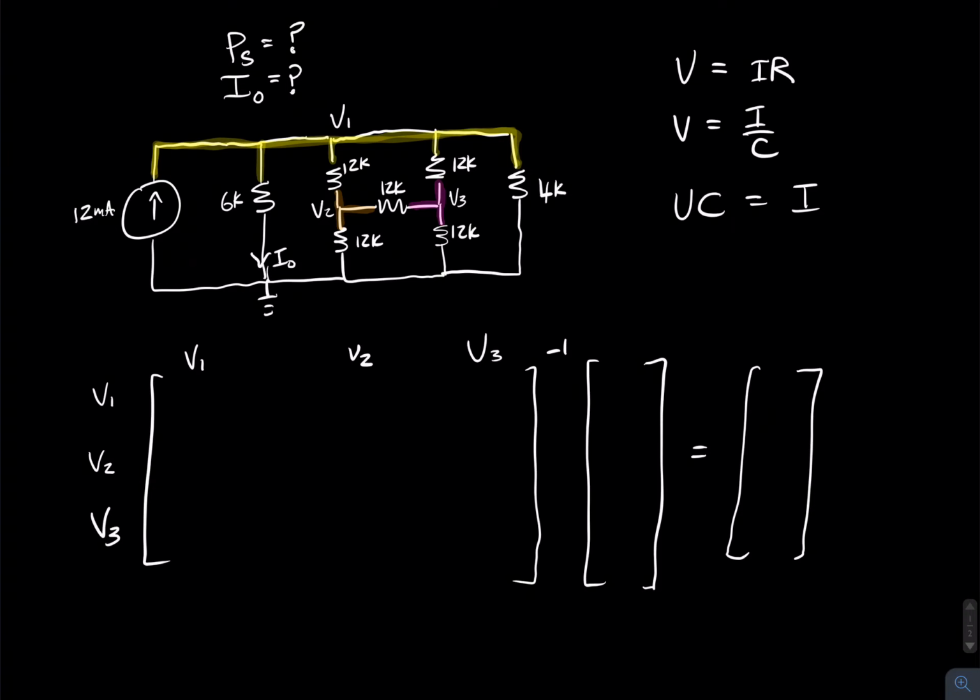And the other trick I'm going to show you guys is, you've worked some homework problems with this, but nodal analysis actually works a lot easier when you use Siemens, because when you're doing nodal analysis, you're finding currents, and in order to find currents using conductance, you just multiply the voltage with the conductance.